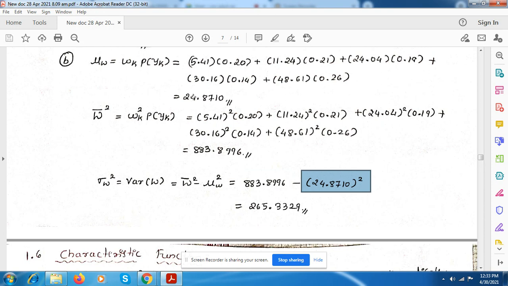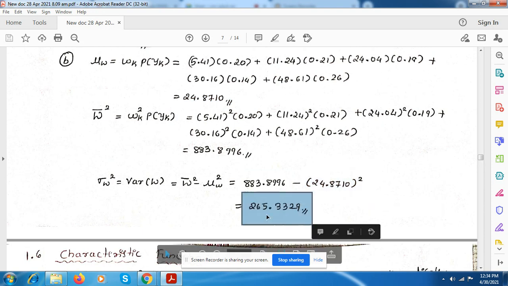Mean value is 24.8710. So we have to square it. So here we will get the variance value as 265.3329. So this is the variance value.